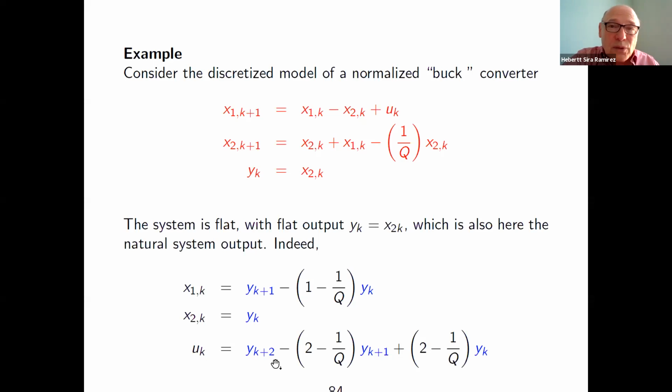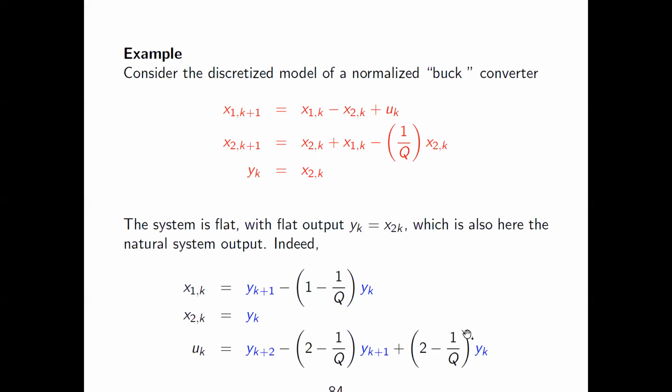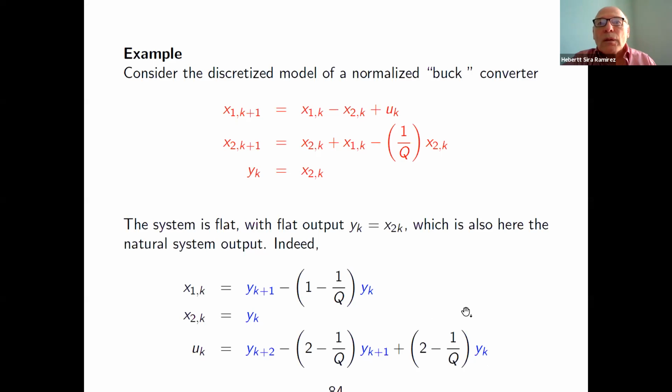And if, for instance, you don't have a clear idea of what the load, that normalized resistor, is, you can proceed by ignoring this part and concentrating on this relation, letting this be an exogenous disturbance, a disturbance that depends on the internal variables in the system, in this case, the output voltage and its advance.